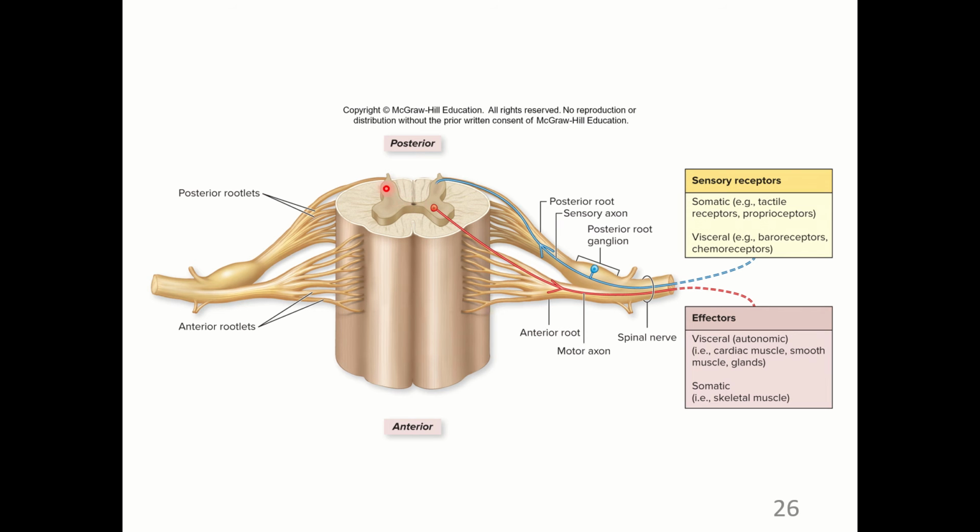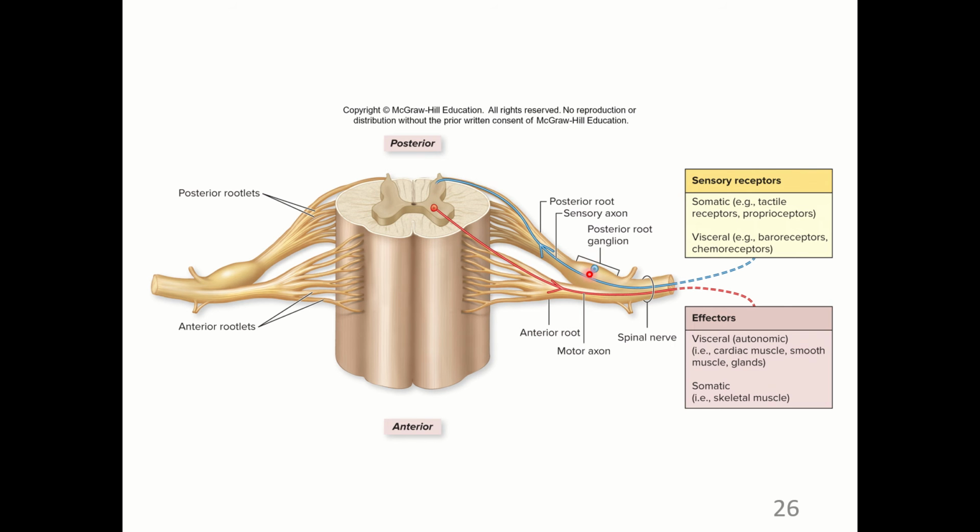When we look at the gray matter region of the spinal cord, recall we have the posterior horn and the anterior horn. We also have a lateral horn in some regions. The posterior horn will belong to the sensory neurons.